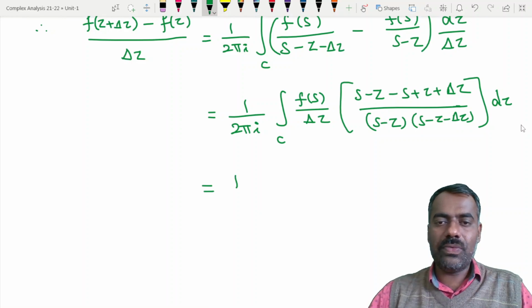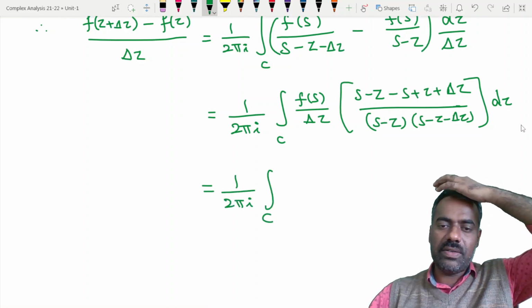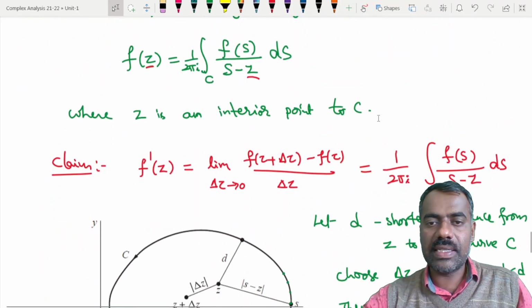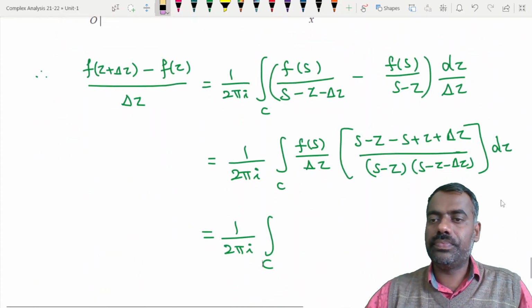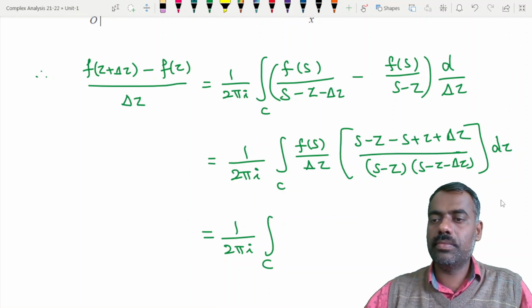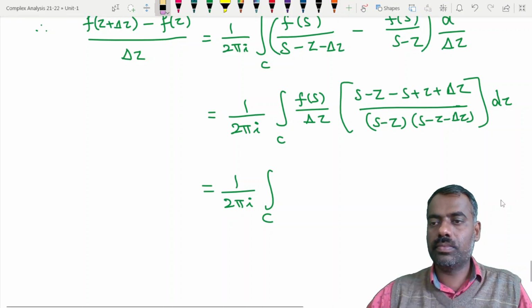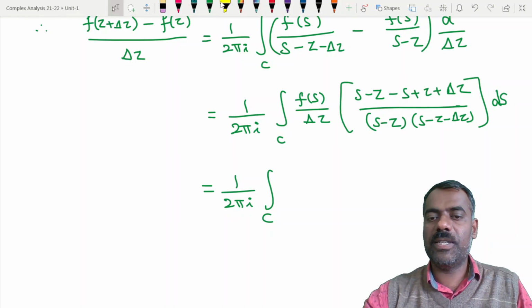But this is the same as 1 by 2 pi i, integration over C. This is ds. Remember, this is ds, not dz.